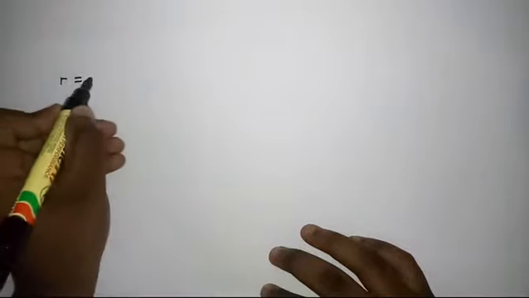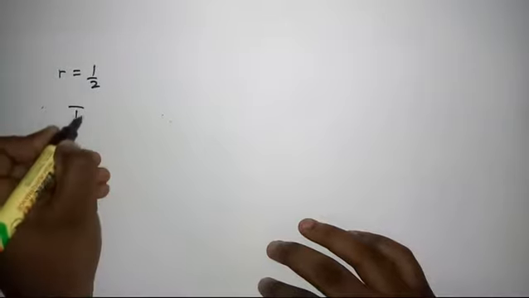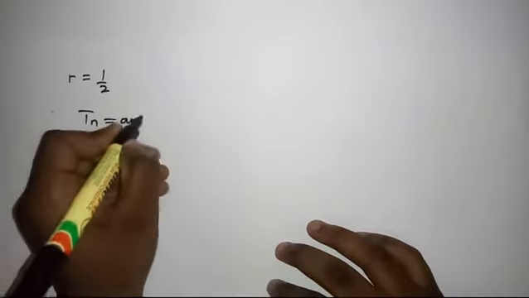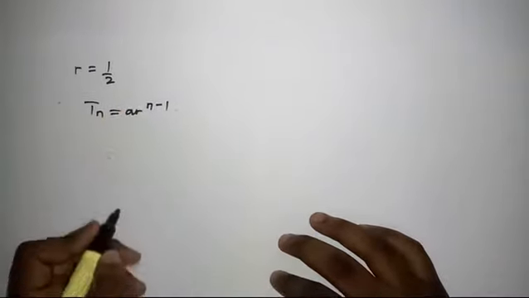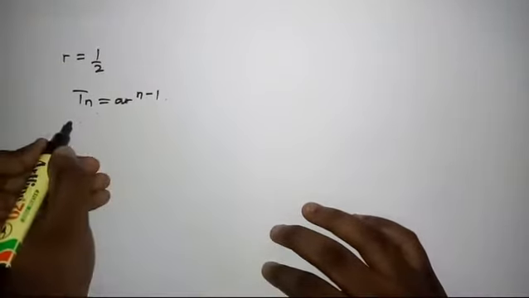As I've said, the ratio is 1 over 2, and remember the general formula is like this. So you substitute in the values.